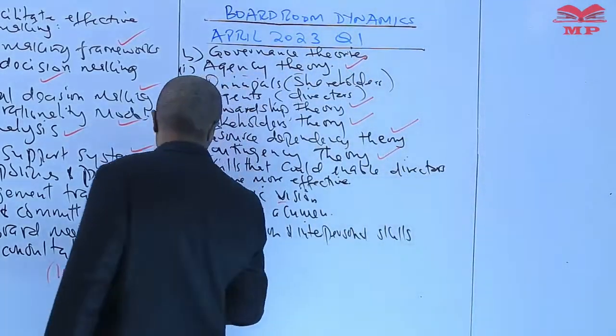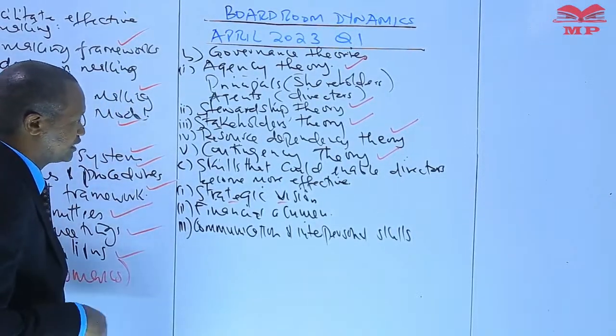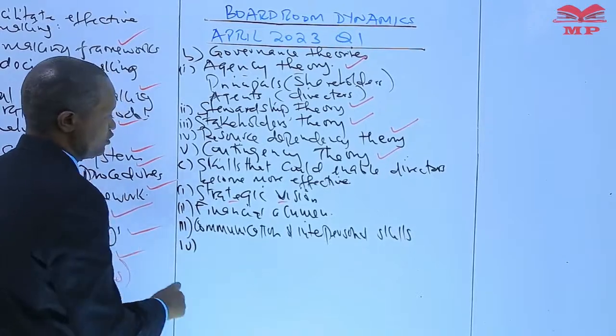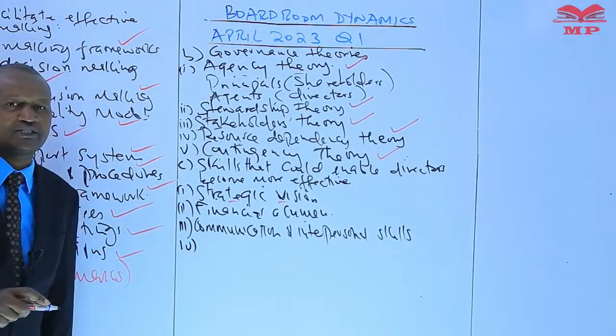Problem-solving skills, or what we call analytical skills, is another skill that could enable directors become more effective. Number 4, analytical skills.